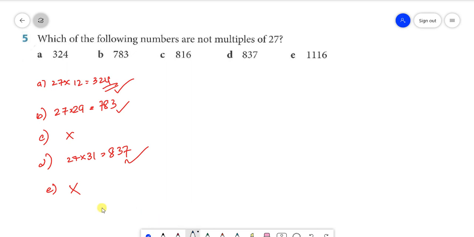So you can write the answers underneath this. 816 and 1116 are not multiples of 27.